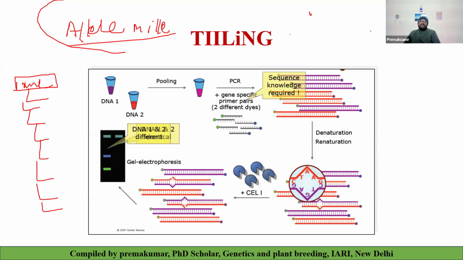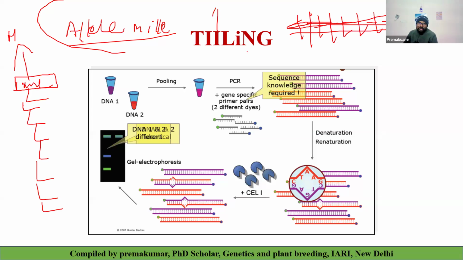For example, 100 landraces were there. One important gene is identified for high quality, like aroma. You screen all your landraces with this gene and identify the alleles present in this gene. Nowadays, nobody is using it because NGS is there. We just go for either GBS or whole genome resequencing, and we can identify the mutation.